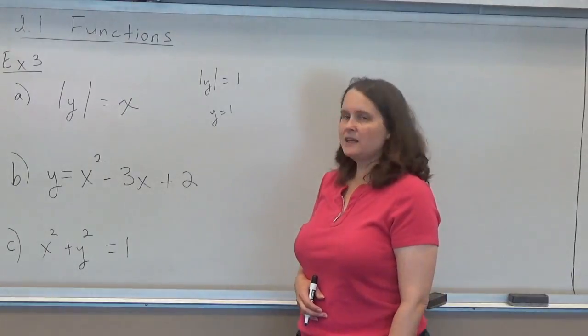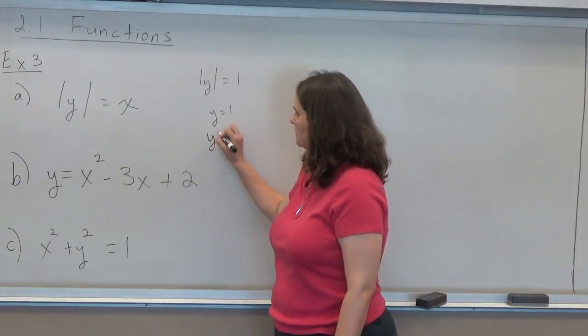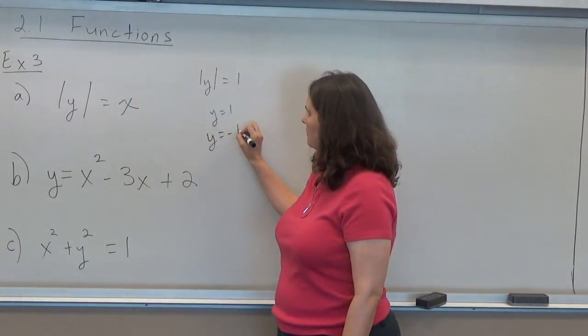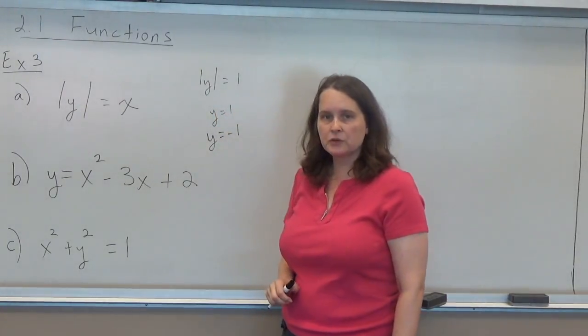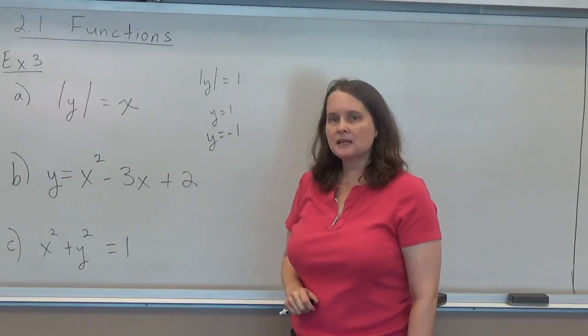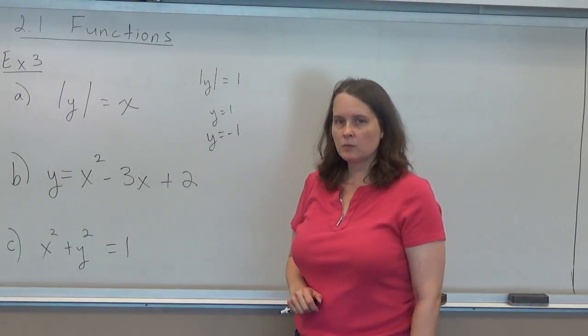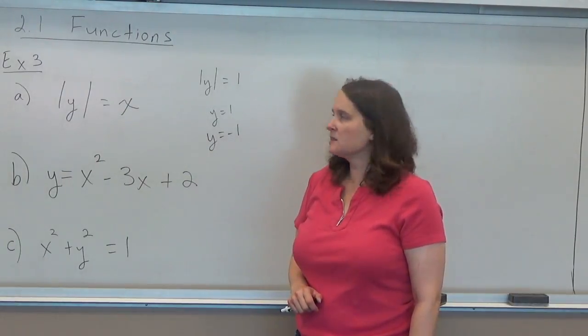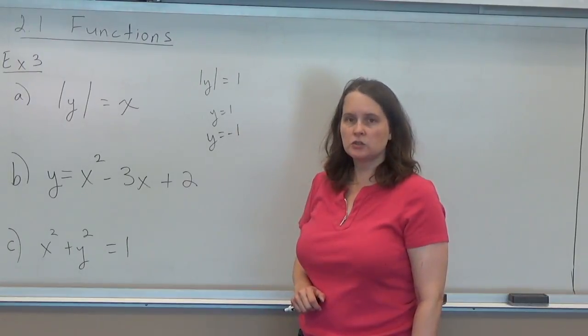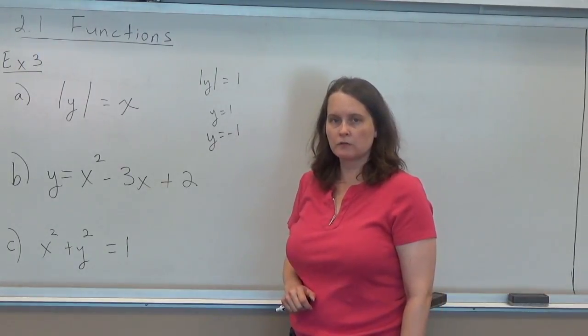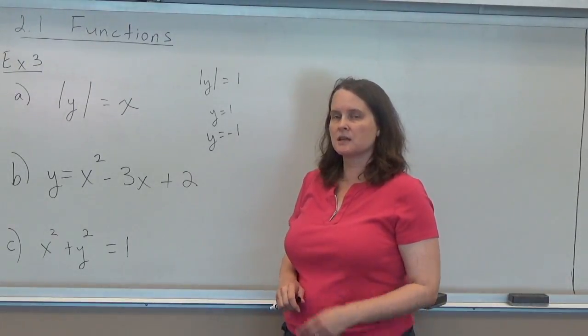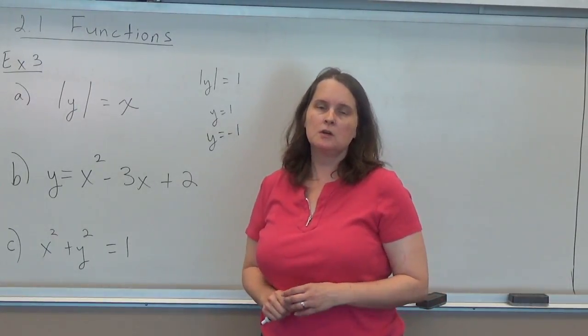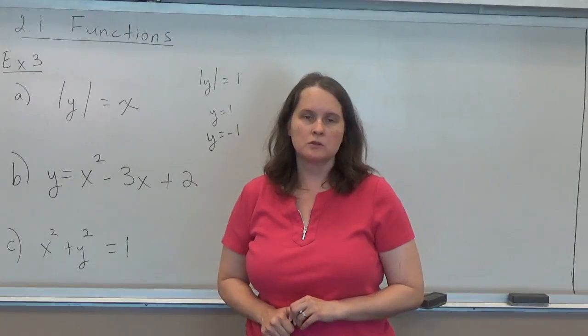Yes. If y equals -1, you're going to have the absolute value of -1 equals 1, and that's also a true statement. So what does that tell us? We found that when x equals 1, we've got two y values that are going to work for this. So you've got an x value that's being matched with two y values.